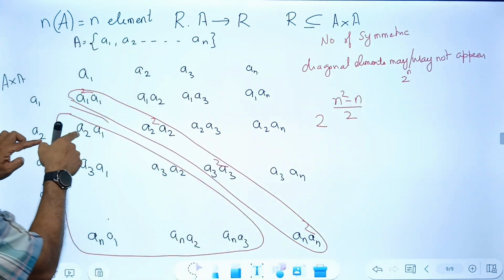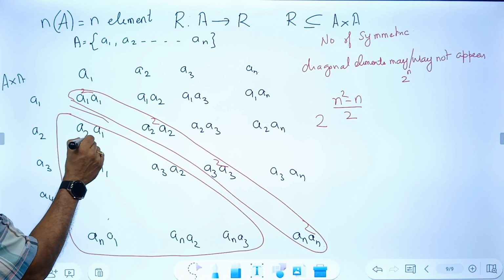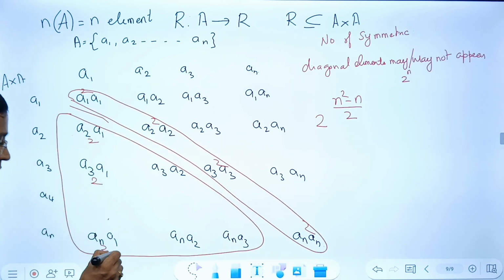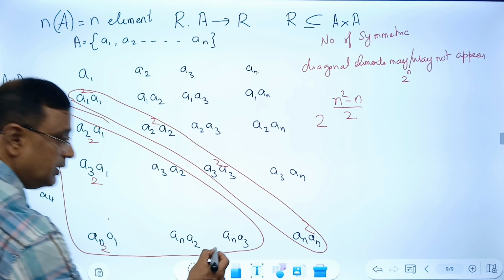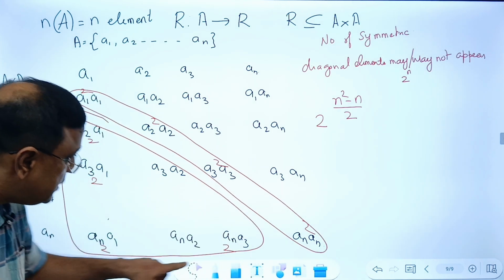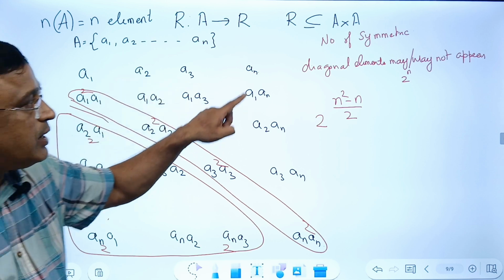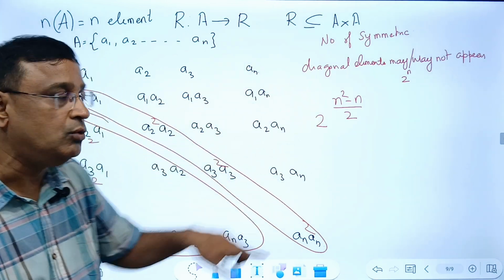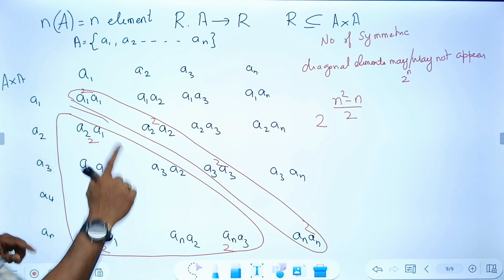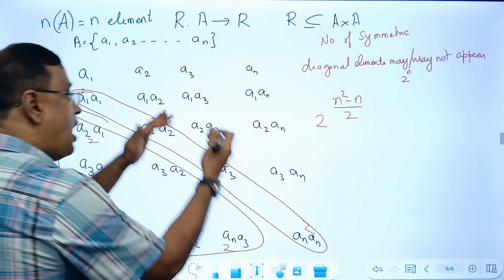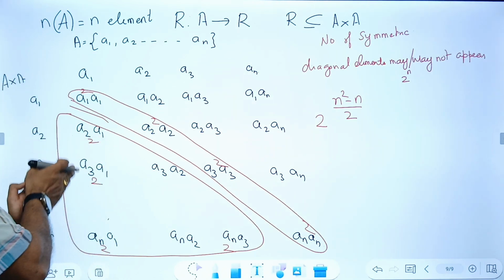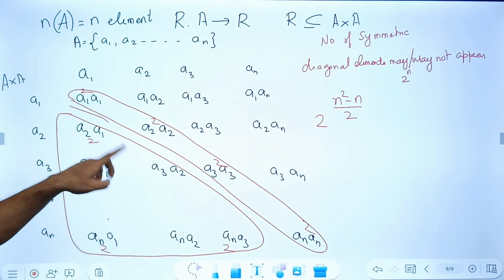Now, this element may appear or may not appear, this element can appear or need not appear. How many such elements are there? There are totally n square minus n by 2, because the total non-diagonal elements are n square minus n. Half of it will be n square minus n by 2. Since each can appear or not appear, each element has two options.